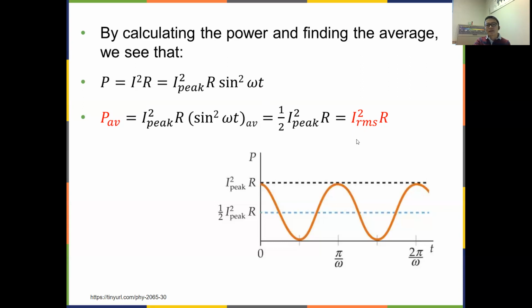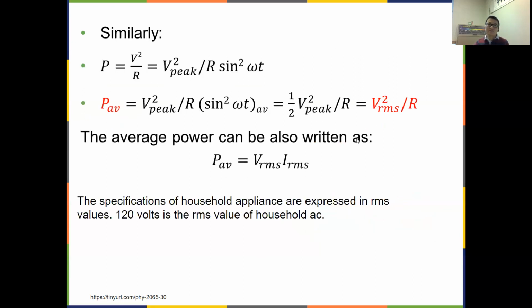You can also calculate the average power by using V squared over R. Similarly, V is a sine function, so V peak squared and then sine omega t squared, and then over R. To take the average of this whole expression, V peak and R are constants, so they come out.